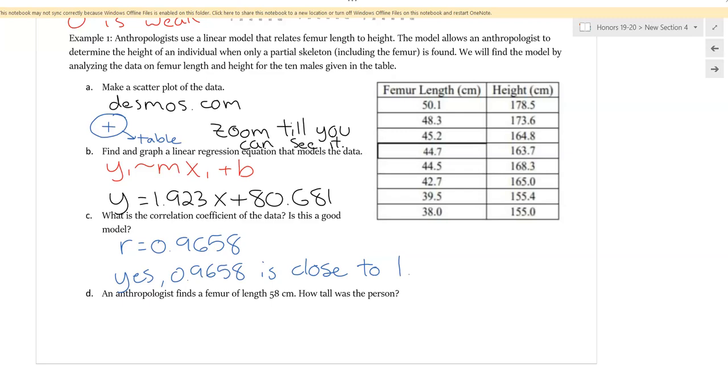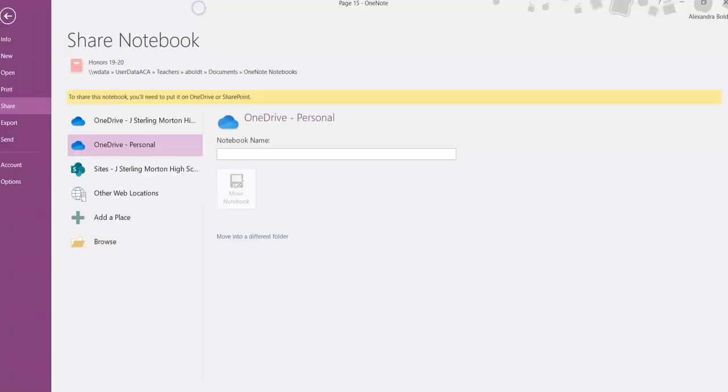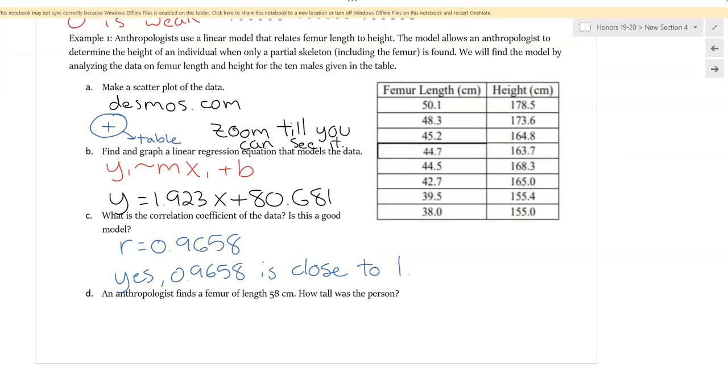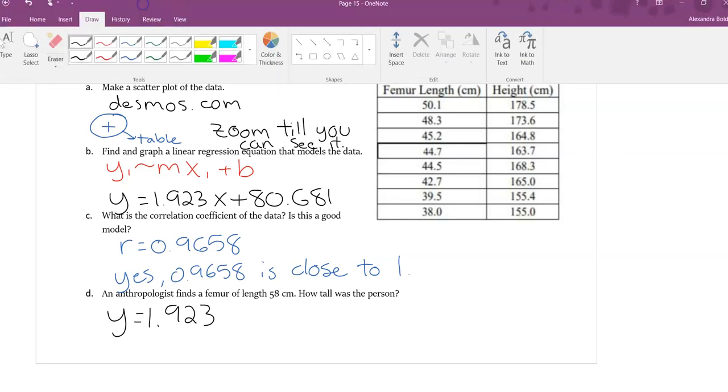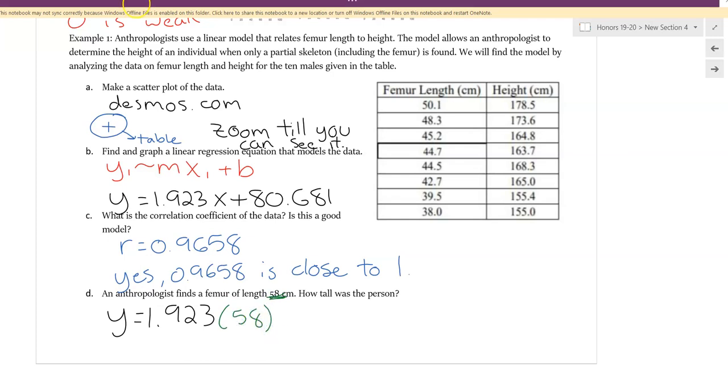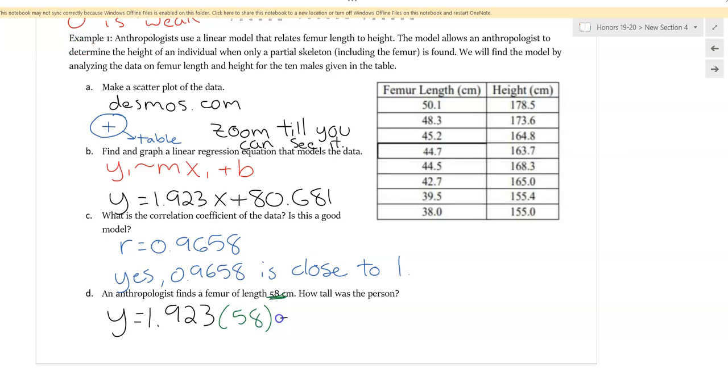Then an anthropologist finds a femur of length 58. How tall was the person? Well, I'm going to use the model, but instead of x, right, I'm going to put in this 58. And I'll just use my calculator to figure out what that is.